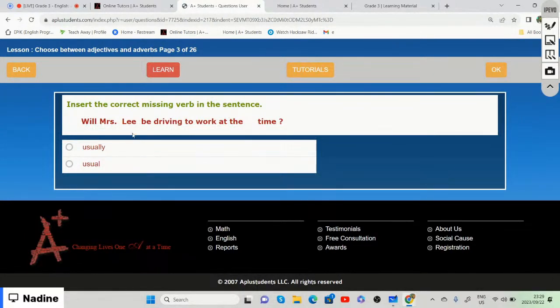Will Mrs. Lee be driving to work at the, is it usually time or at the usual time? Usually time or usual time? So we need to select the correct word. And if we choose the correct one, then we will say the usual time.